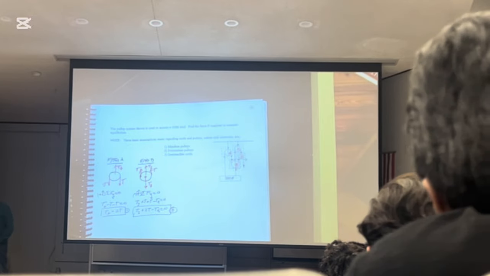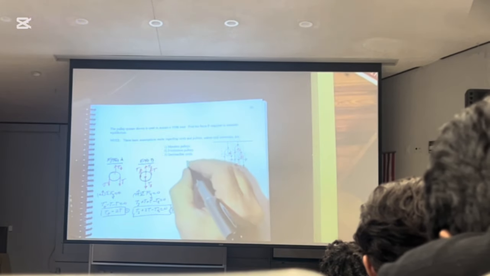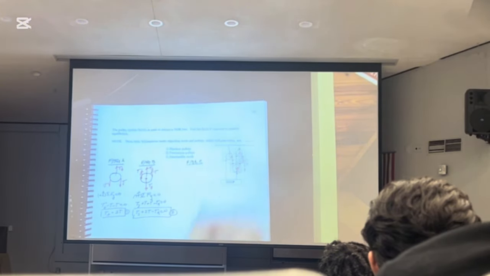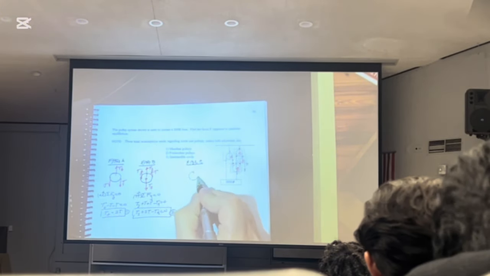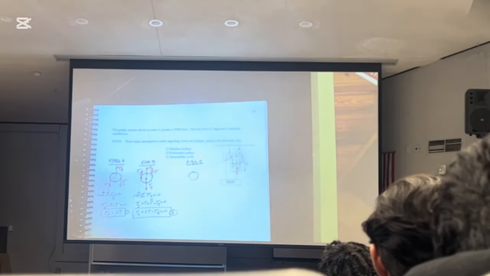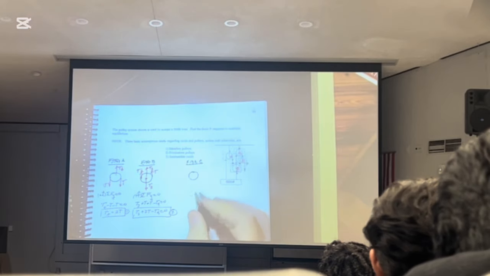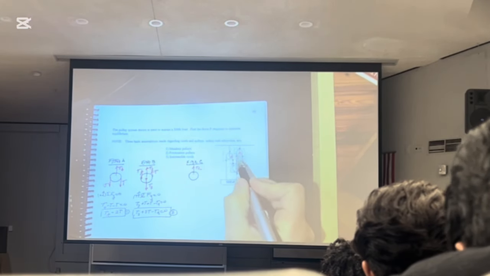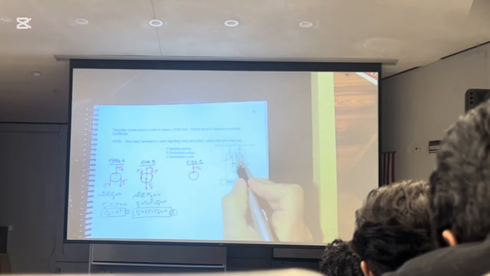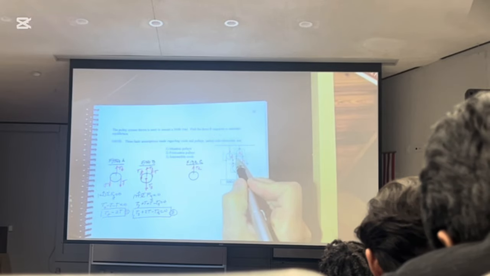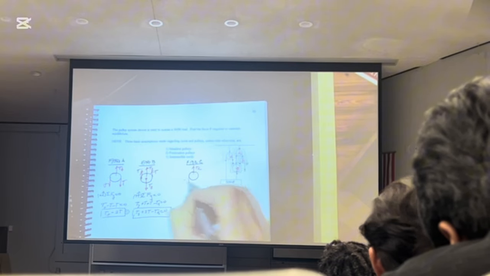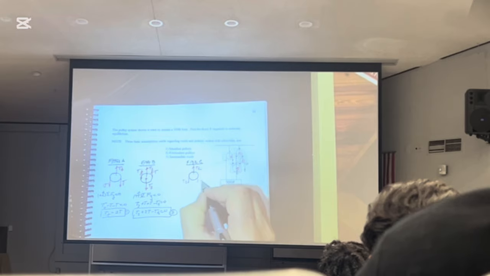I ain't doing anything fancy, trust me. Free body diagram C. Here's another pulley. I got a cable going to the ceiling. I'm going to call that TC. I got a cable here. That's what? T2. That's got to be T2.